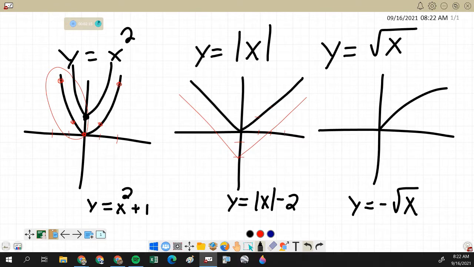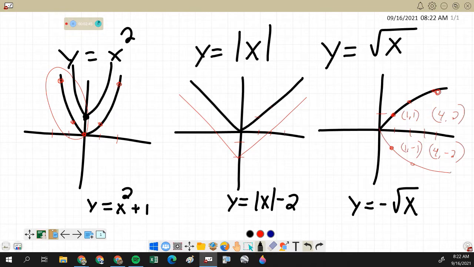So what that's saying is take all of the positive y values and turn them into negative y values. So this point here is 1, 1. And this point down here is 1, negative 1. And then 4, 2 turns into 4, negative 2. So a negative out front flips it upside down.